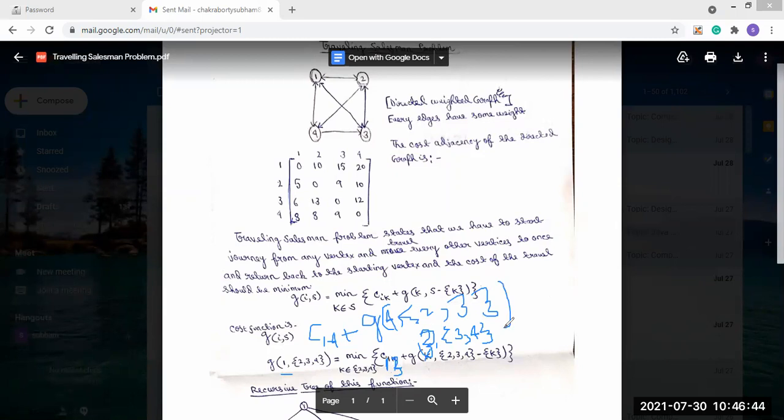That's how the general formula can be solved. Using this, we will solve our traveling salesman problem route by route. Okay, clear? Up to this, it is clear?